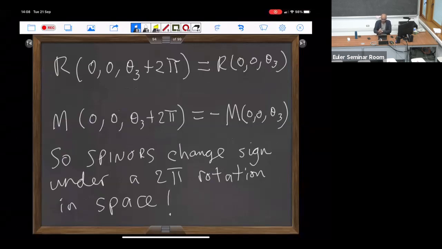It doesn't change the matrix. Whereas in the two-dimensional spinor representation, the 2 pi rotation actually is non-trivial. So spinors will change sign after undergoing a 2 pi rotation in space.